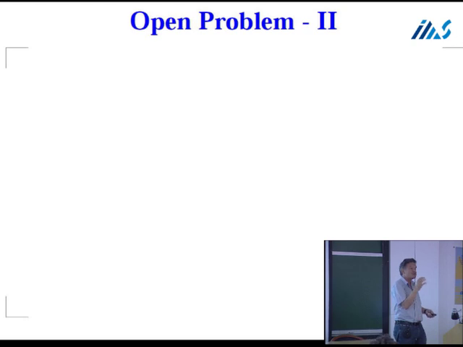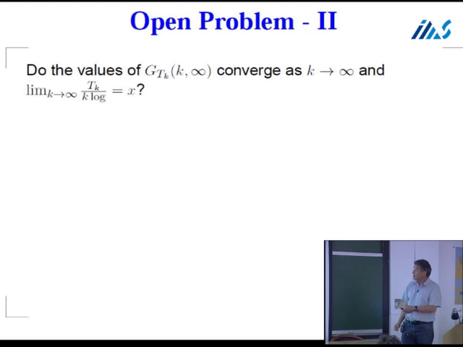And so what is the function of how long a weak player with a fixed automaton could protect himself as a function of the duration of time? So do the values of these games converge when k goes to infinity, and the log of the duration T_k divided by k log k converges to x?